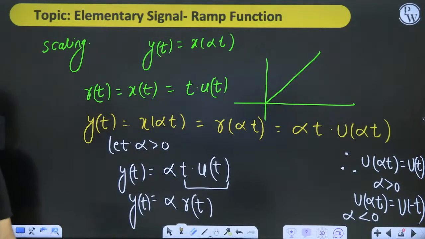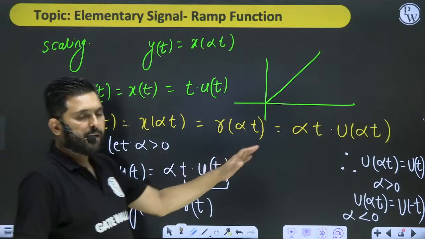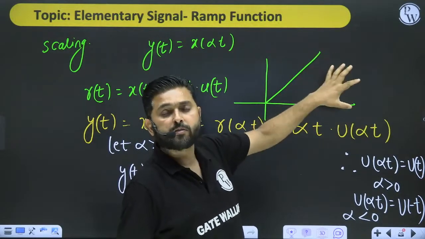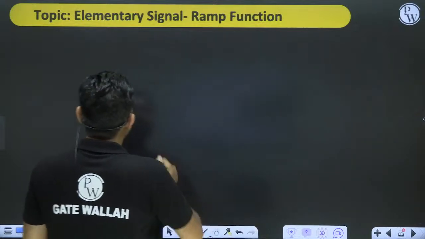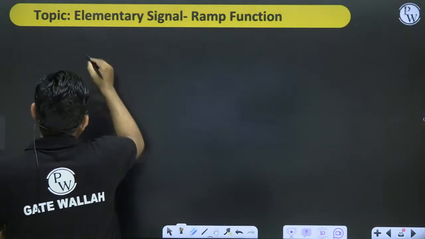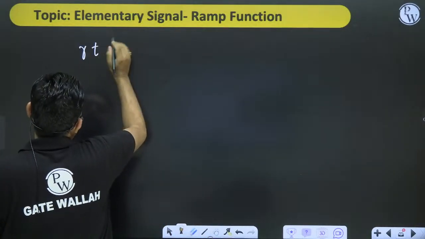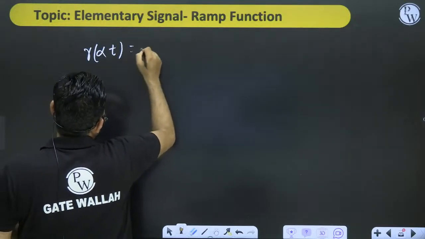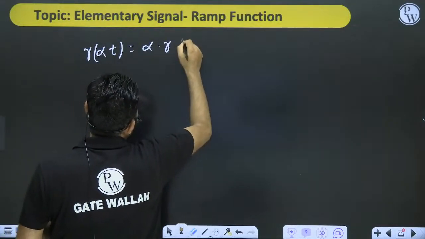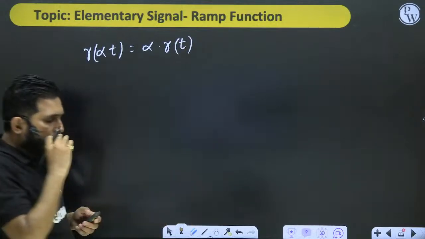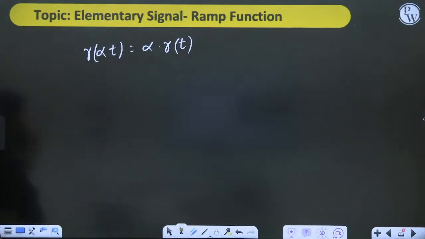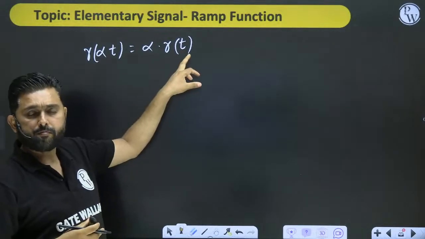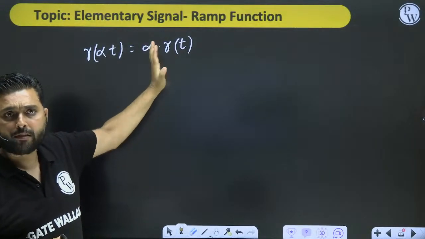This means that, listen carefully, when you scale this function, then r of alpha t is basically alpha r of t. Whatever the scaling factor is will come in as a coefficient.